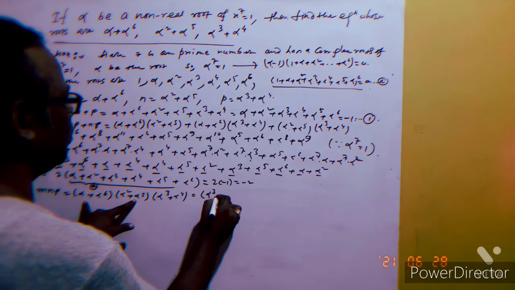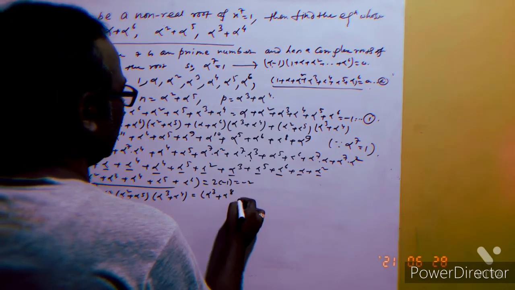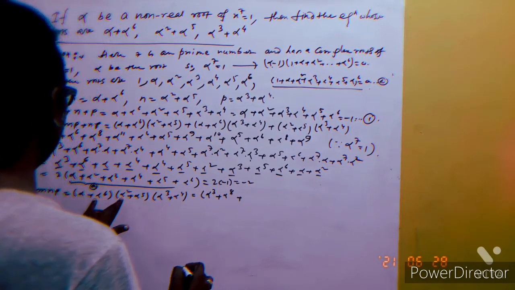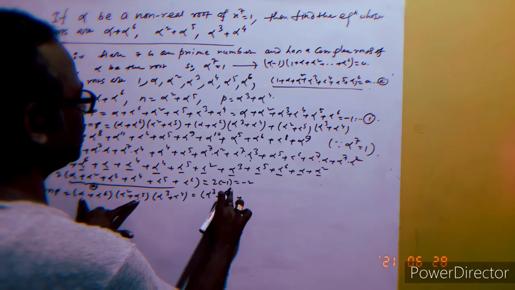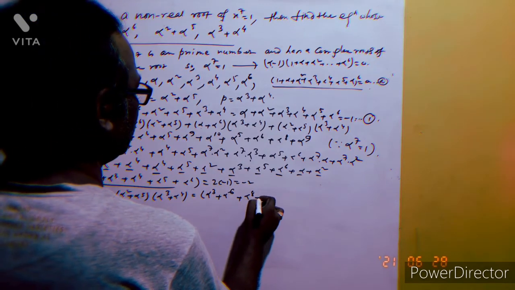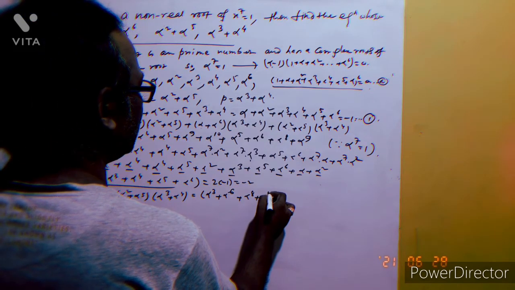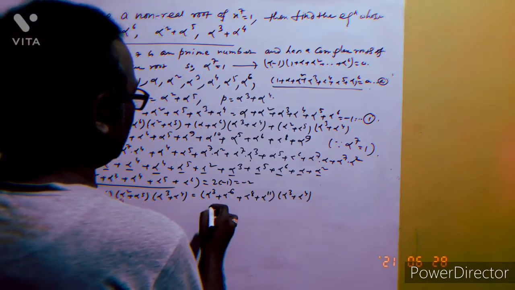Alpha cube, alpha to the power 8, and alpha cube, alpha to the power 6, alpha to the power 8 and alpha to the power 11, alpha cube, alpha to the power 4.